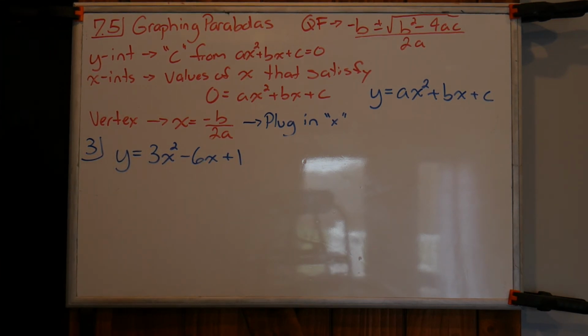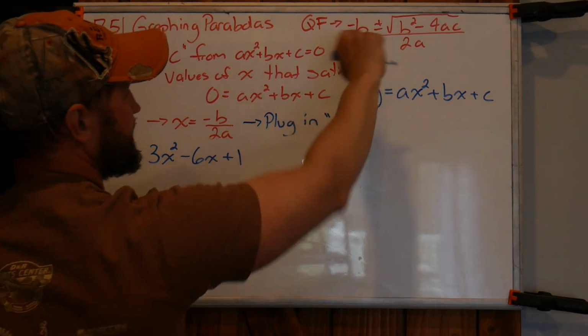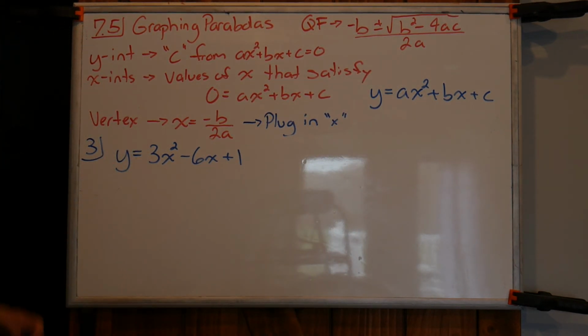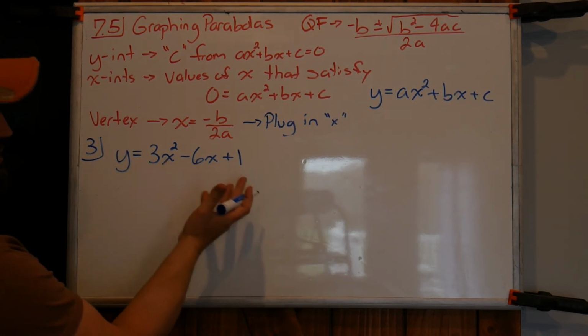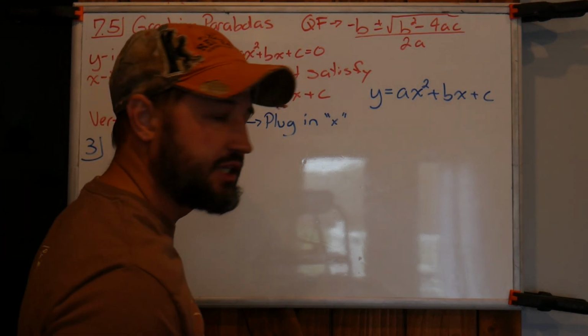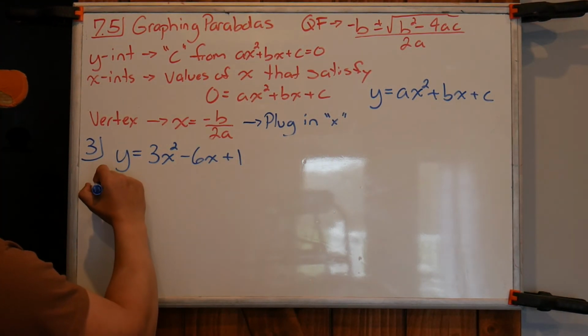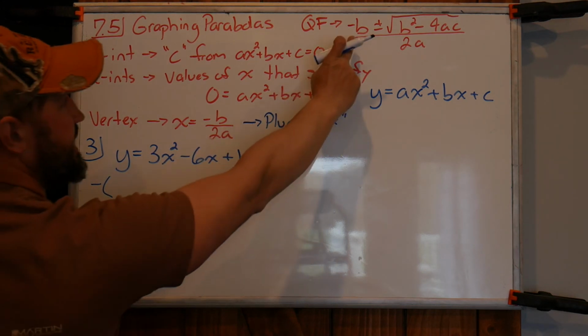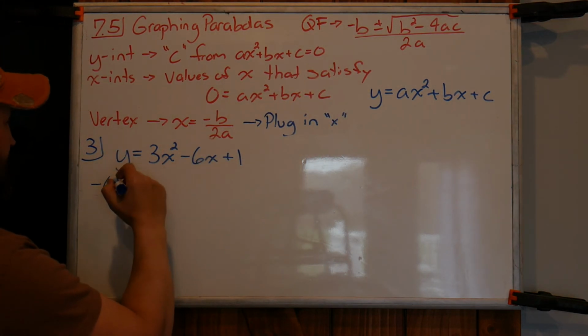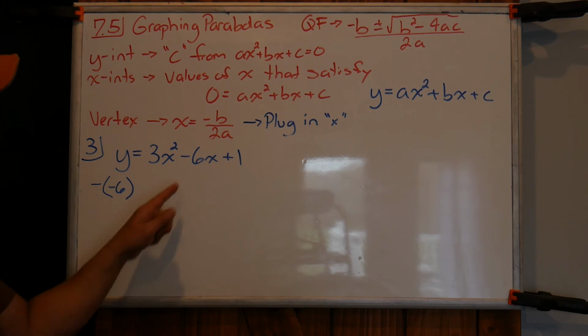So, for this one, we need to rely on the quadratic formula to find our x-intercepts. We can't factor this neatly, so we will use our quadratic formula, which says we need a negative b. Our b is negative 6.